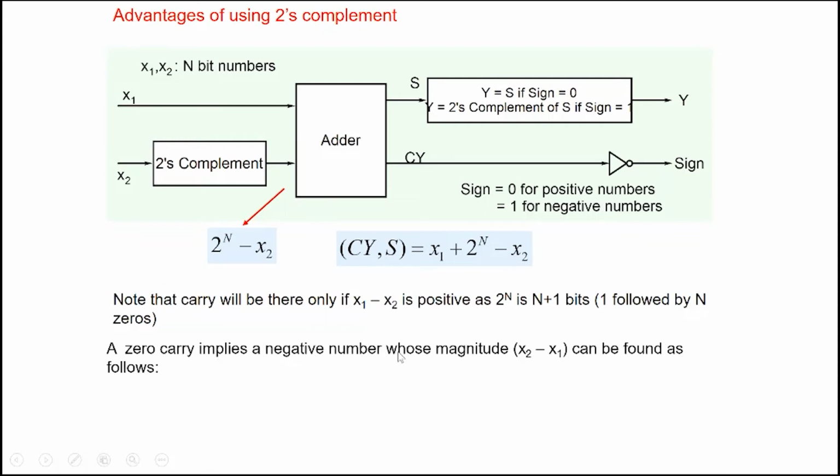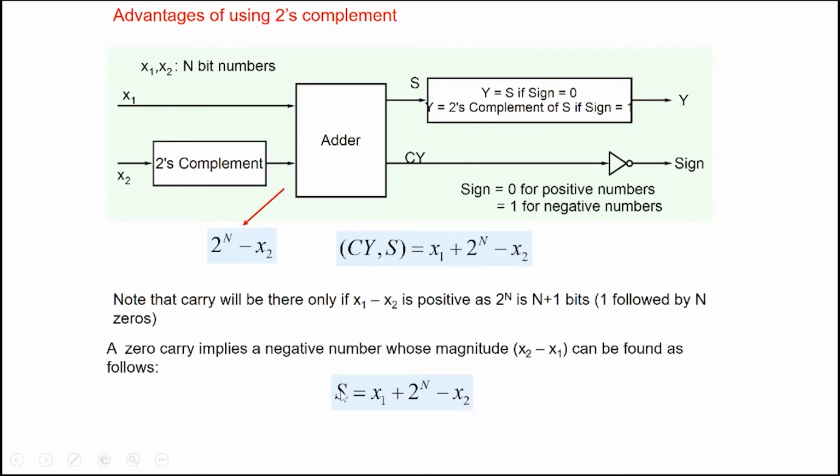So a 0 carry implies a negative number whose magnitude x2 minus x1 can be found as follows here. So we have said once it is a negative number, and if you want to find out what is the magnitude, take the 2's complement of that particular number here, whatever number you get here. So note that s is nothing but x1 plus 2 to the power n minus x2. Why? Because there's no carry. So the whole of s is nothing but equal to this one here.